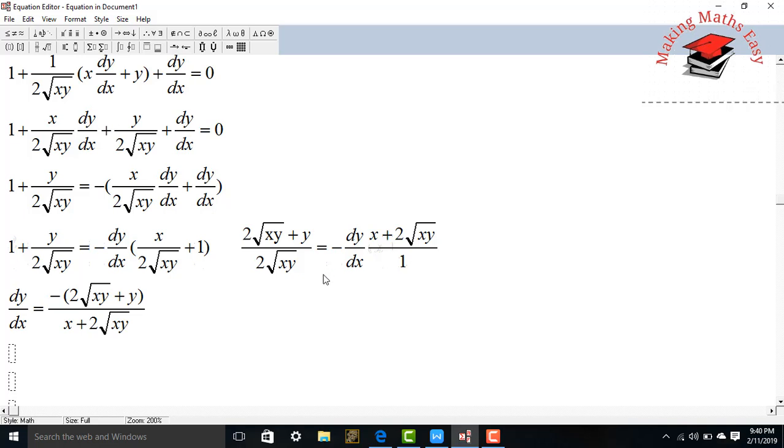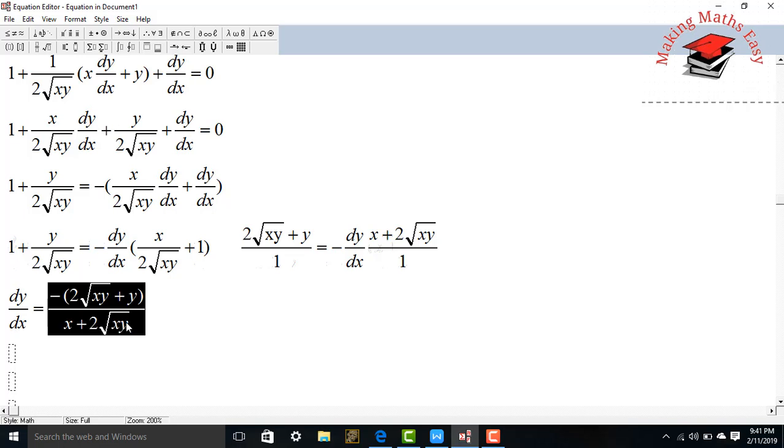So instead of this we can write 1, and instead of this we can write 1. So now the equation is balanced. This will go in the denominator over here, and this minus sign will come over here, and as you know, we have got the final answer.